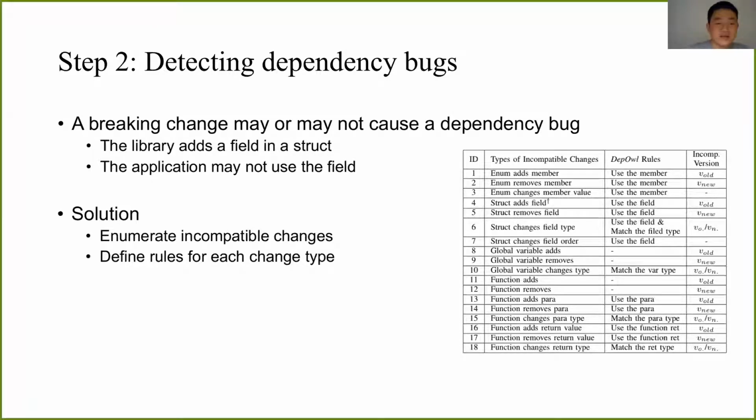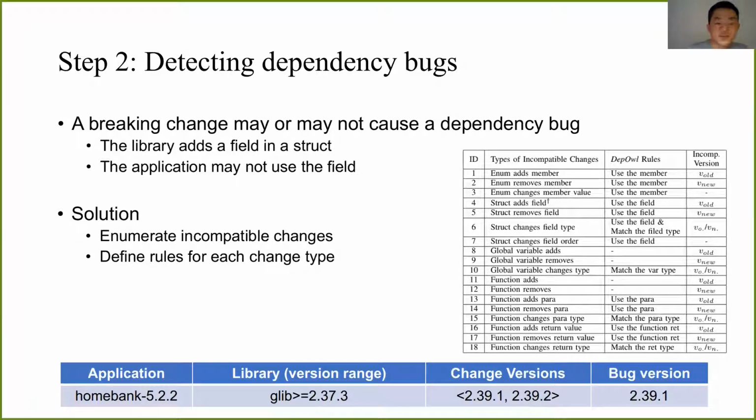So we enumerate incompatible changes in C or C++ programs and define rules for each change type to determine if the change can lead to dependency bugs in applications. In our example, the glib change may lead to a dependency bug in the application home bank, while the bug version is 2.39.1.